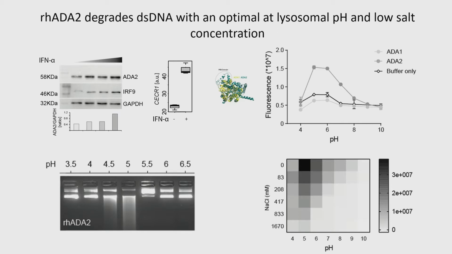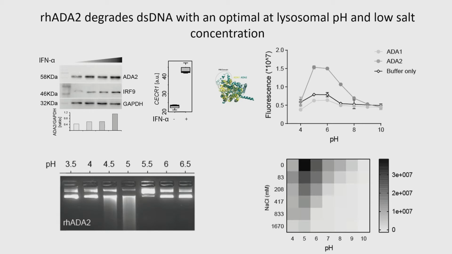Here you see interferon alpha, but we have different kinds of data also with other toll-like receptor agonists. What you see here is a comparison of the DNase activity of ADA1 and ADA2. That's because, as Ole told you, the model that Kristian Smulski, a colleague of ours, performed showed that double-strand DNA binds to the PRB domain that is not present in ADA1.